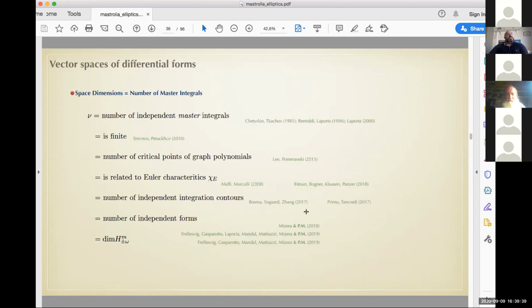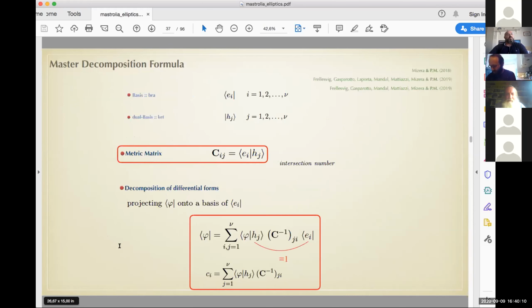So luckily the study, in particular coming from people in the audience over the years, allowed us to identify and to connect the vector space of differential forms with a series of geometric properties, all of them converging toward the concept of the dimensions of the cohomology groups I introduced before.